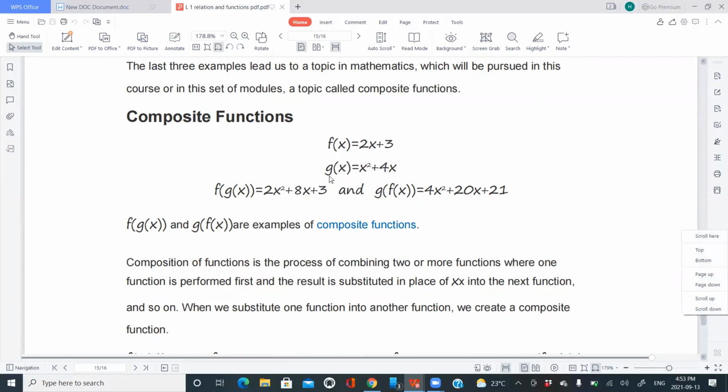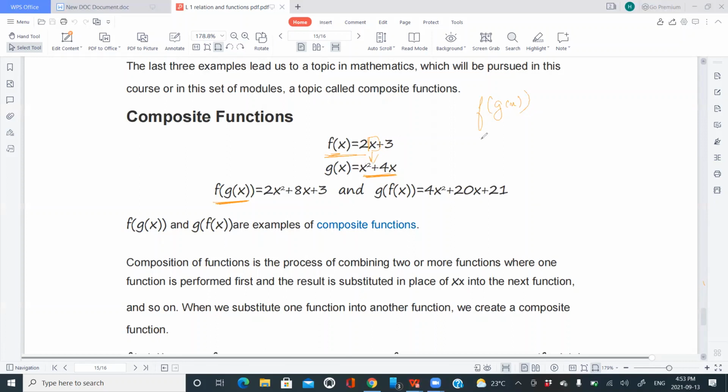So again, f(x) is this, g(x) is this. Now you have to find f of g(x). How will you find it? This is your g(x) and this is your f(x). So in f(x), in place of x, you have to plug this thing, right?